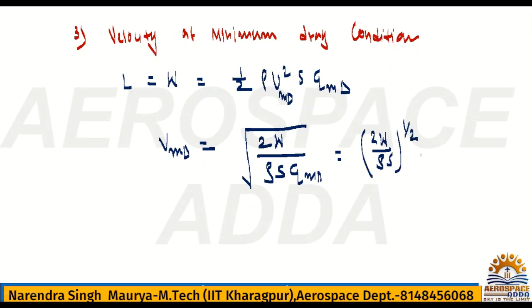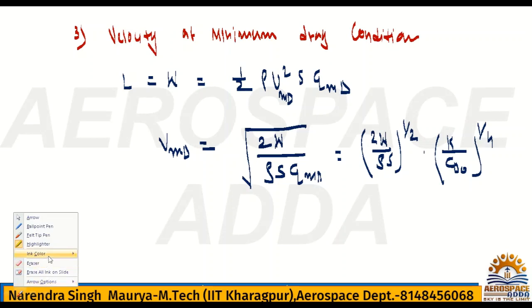And CLMD will be what? CD naught by K, so K will go in the numerator divided by CD naught. But since CD naught by K was in a root, double root you will have, so it will be the power 1 by 4. You can check by your own. This is the VMD.